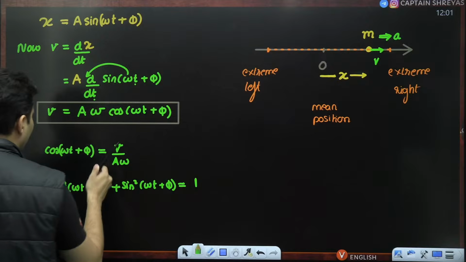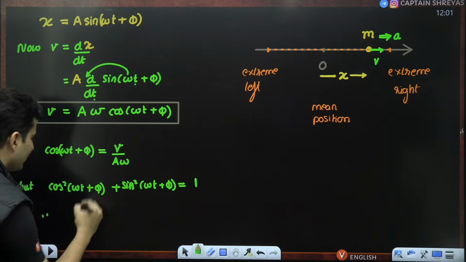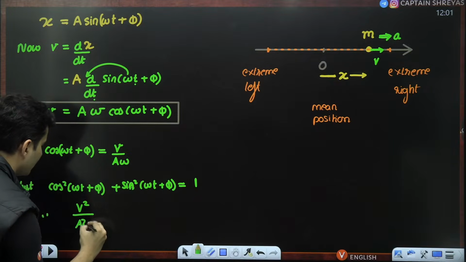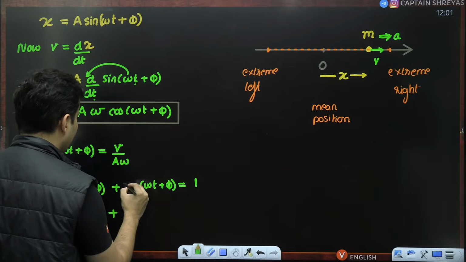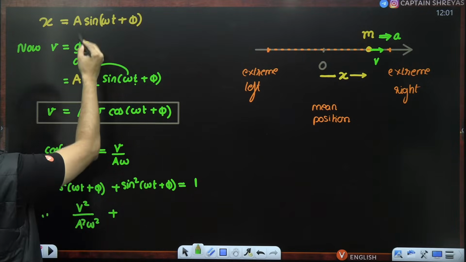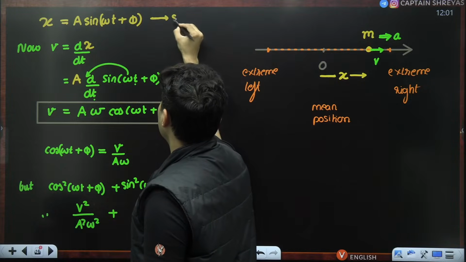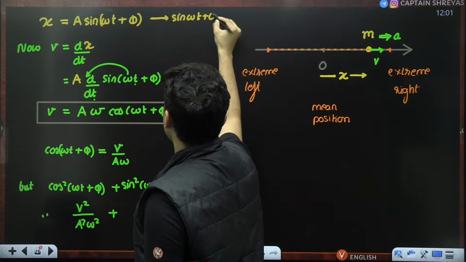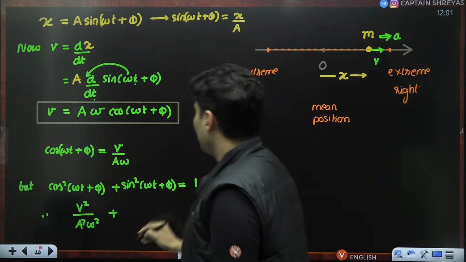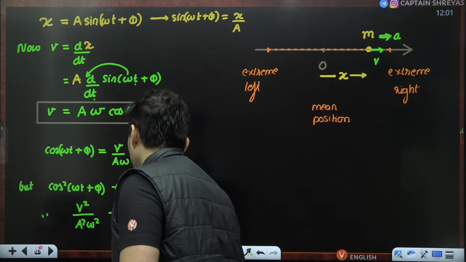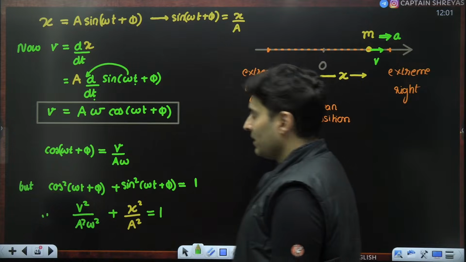So cos square means I have to take this guy's square, so velocity square by a square omega square. What is sine square, you might ask? Well, sine square is there right over here. If you notice, sine of omega t plus phi is nothing but, taking a below, x by a. So strictly speaking, it is x square by a square. So this whole thing is nothing but 1.